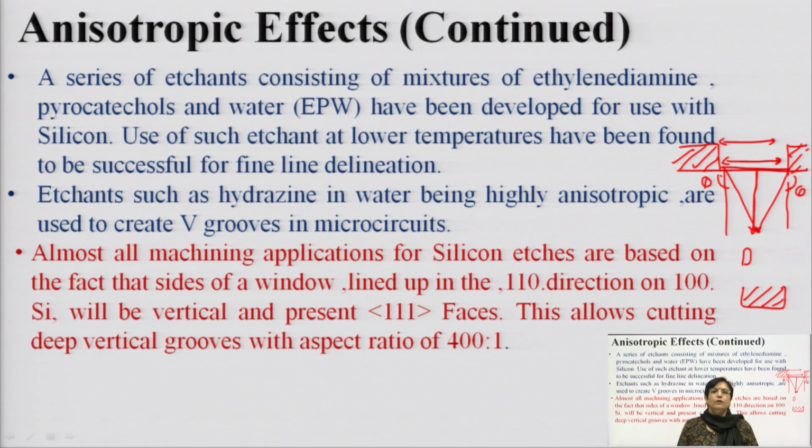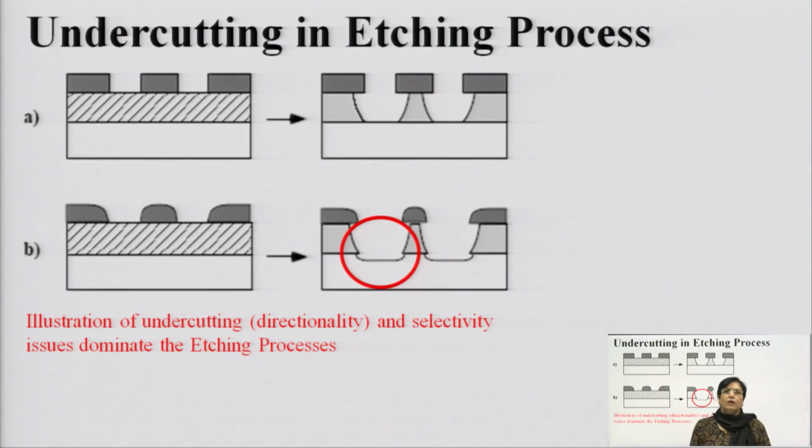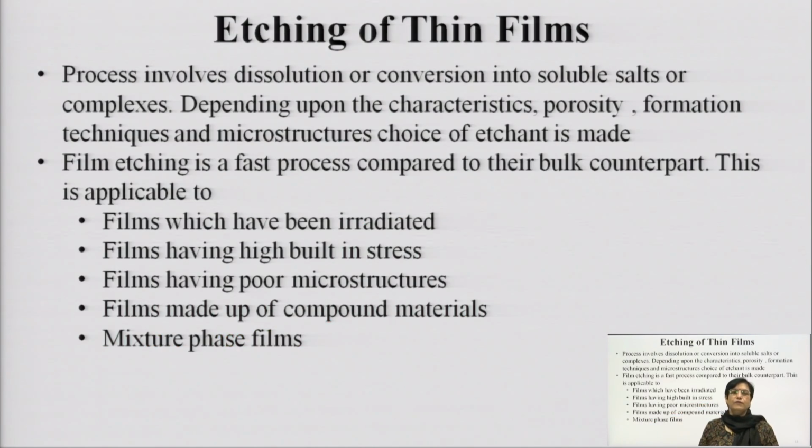Therefore, you can get desired openings or cuttings, and vertical trenches and vertical grooves can also be designed, with a degree of anisotropy of 400:1. So, this is what undercutting is, being shown. These are the trenches and the undercutting, which gives you selectivity, that is improper or non-uniform behavior in this case.